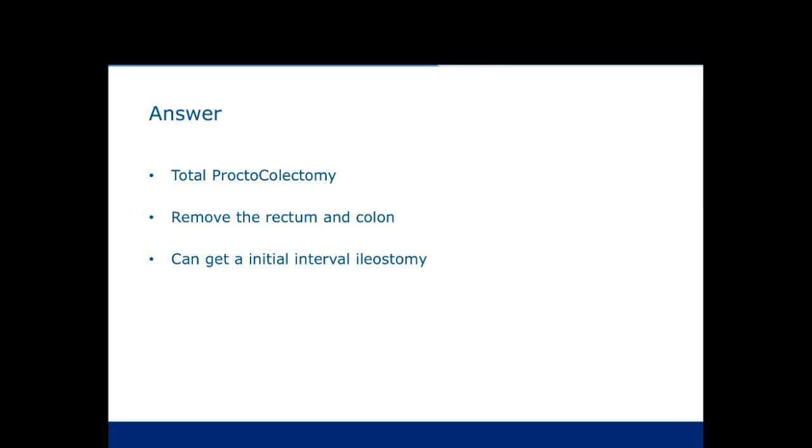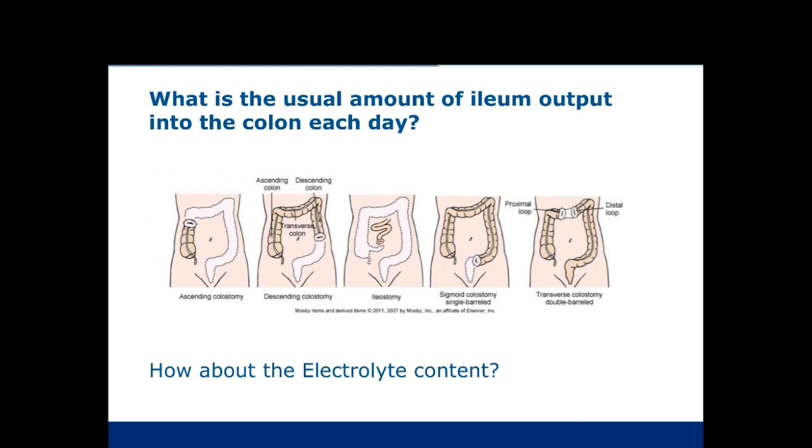And when you do that, you could get an initial interval ileostomy to make sure that the patient survived the surgery well and that the anastomosis is going to work. So you put him on an ileostomy first. So if you put him on an ileostomy, now you want to know if the ileostomy is working. So you want to find out what the normal ileum output into the colon is each day, and how about the electrolyte contents of that ileum output?